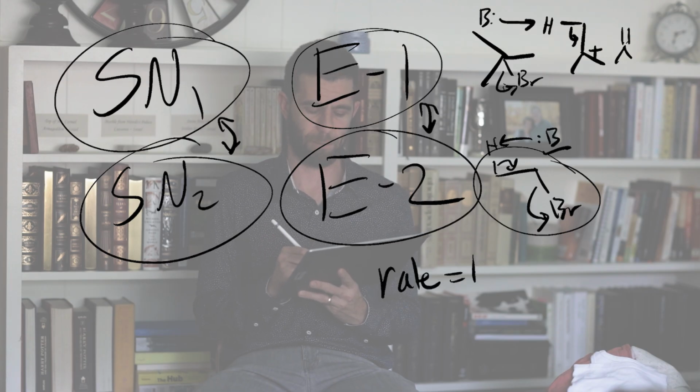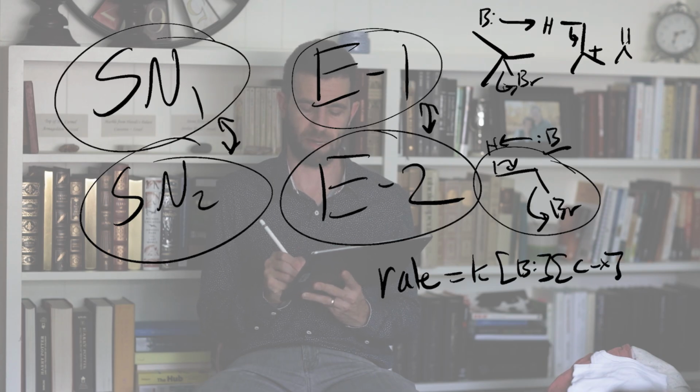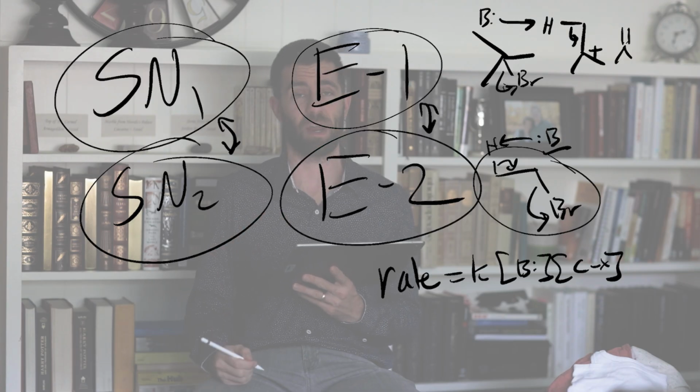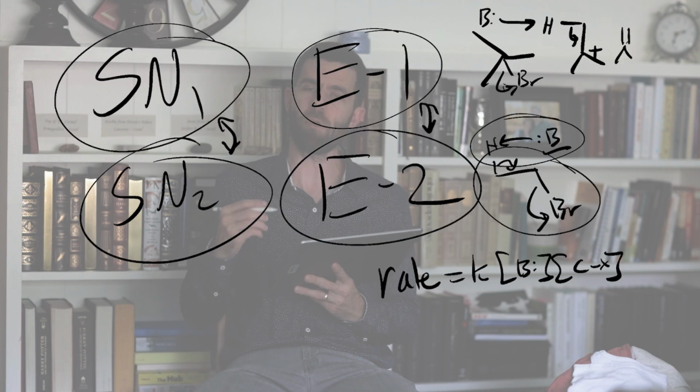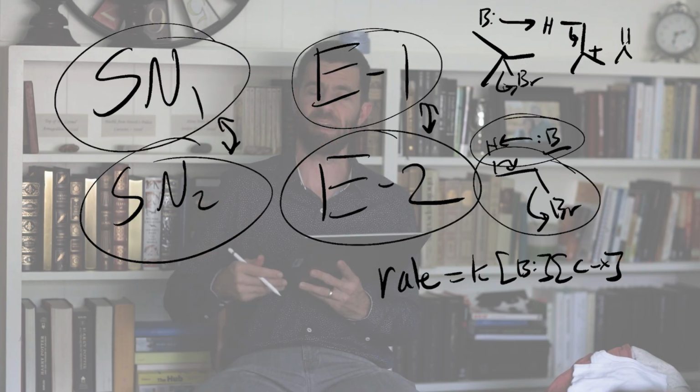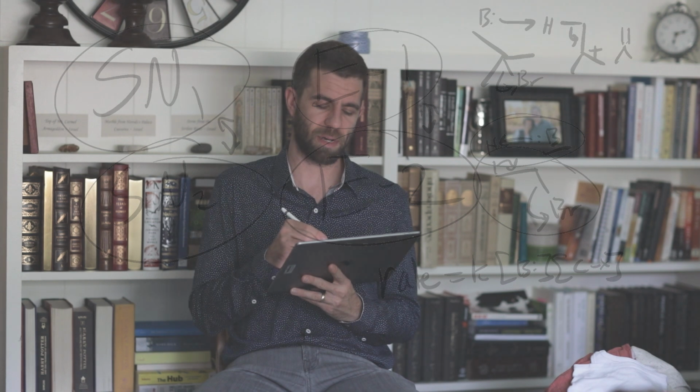We're going to have both the base and the alkyl halide in our rate law in this E2 reaction, just like our SN2 reaction. Of course, it's going to be grabbing a proton because it's a base, not a nucleophile in this case, giving us an alkene. So that's how we can select between E1 and E2. It's the same as SN1 and SN2.